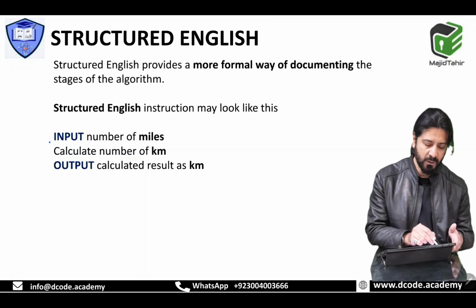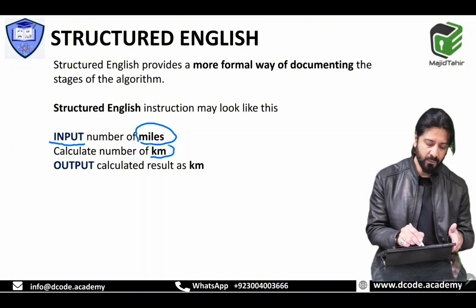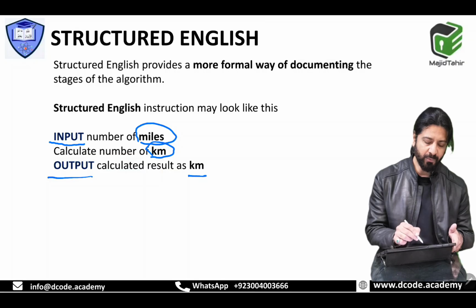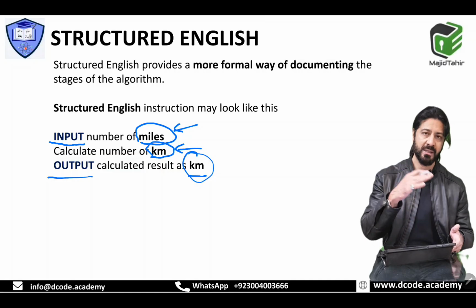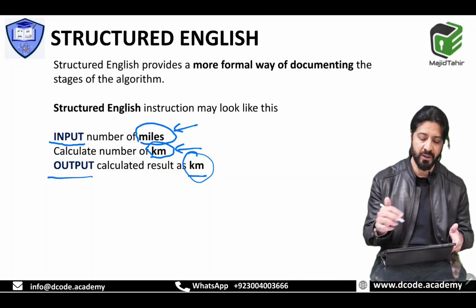Over here we have the keywords like input, miles, kilometers, and output kilometer. Input number of miles means that the user is going to input something in miles. Calculate number of kilometers, something is calculated and goes into the kilometer, and then kilometers are going to be displayed on the screen. So these are the keywords that we highlighted in the structured English.